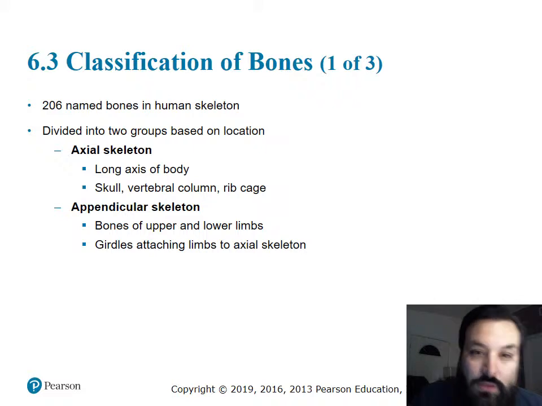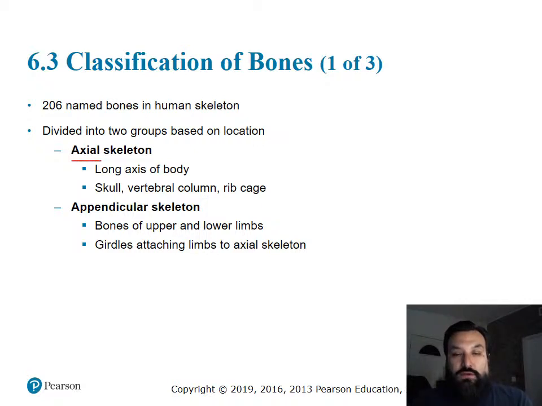Okay. So we classify bones in different ways, but one of the main ways we classify bones is based on location, right? We can divide bones based on location, and they fall within the axial skeleton or the appendicular skeleton.